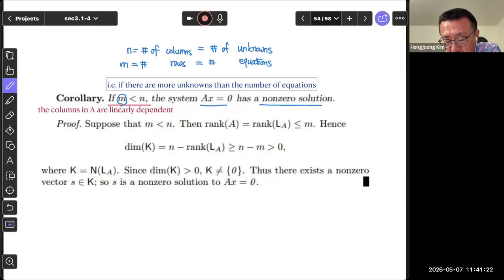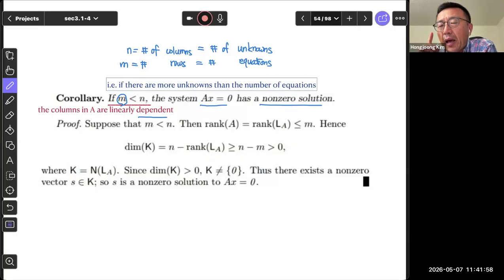Then Ax equals 0 has a non-zero solution because A has linearly dependent columns. If n is greater than m, if you have more columns than rows, then the columns are linearly dependent. Then Ax equals 0 has a non-zero solution.